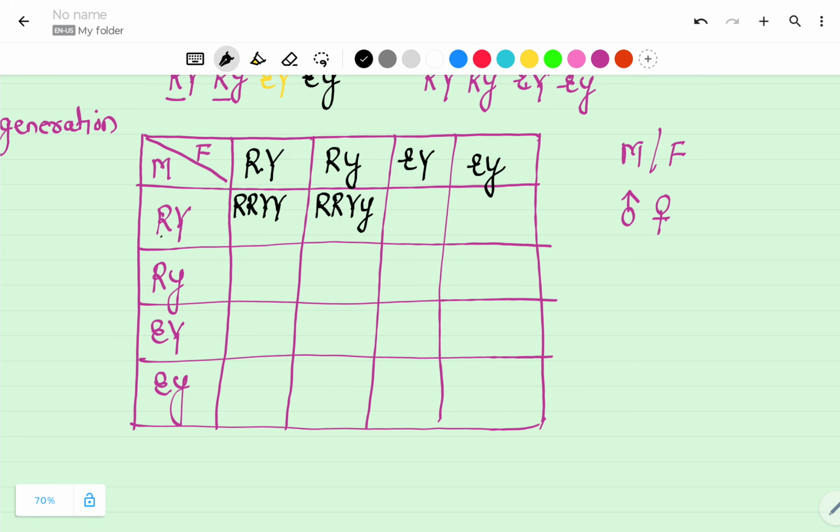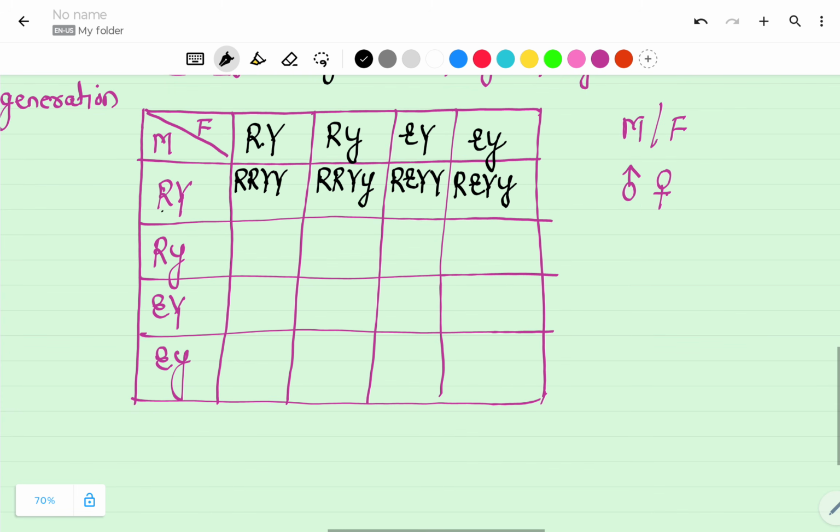Okay, next here we make capital R, small r, capital Y, capital Y. Okay, fourth here capital R, small r, capital Y, small y.